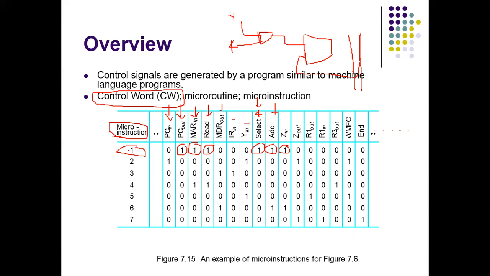Step 1 means during the first clock cycle, the processor will generate these signals in this order, one after another, but everything is done in the first clock cycle itself.